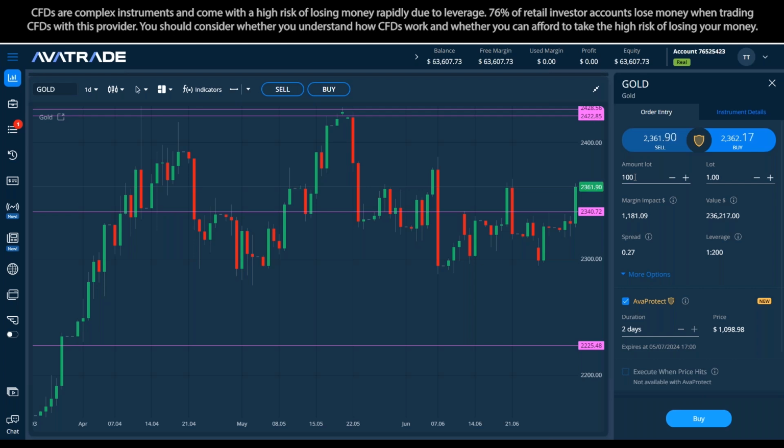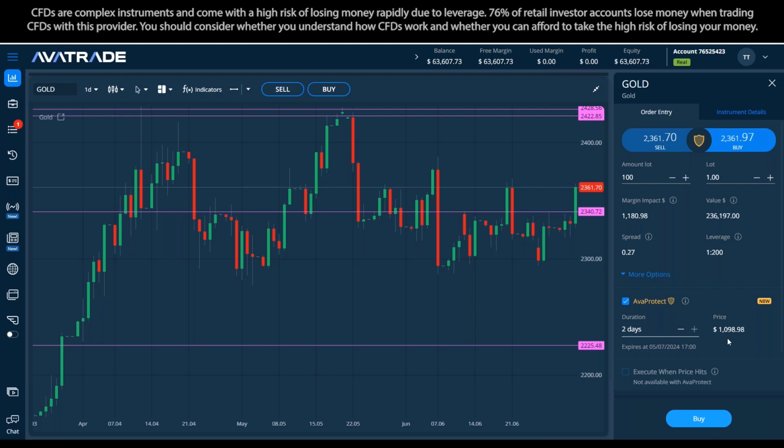I've seen gold move $50 an ounce, $100 an ounce in 1 day's time, or even less than that. So between now and Friday, if something like that happened with a trade size of 100 ounces, if it moved $100 an ounce, that's 100 times 100, right? So it's like $10,000 profit if that happened. And the cost of the protection is 1,000 and change.